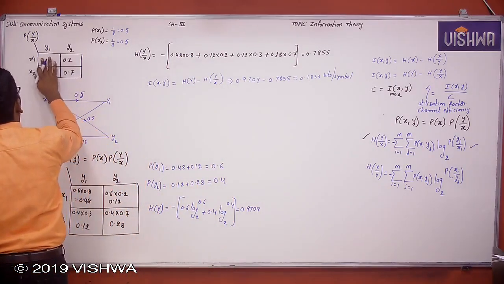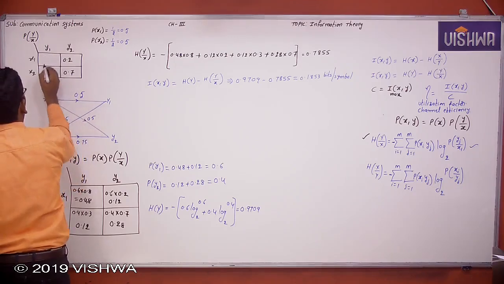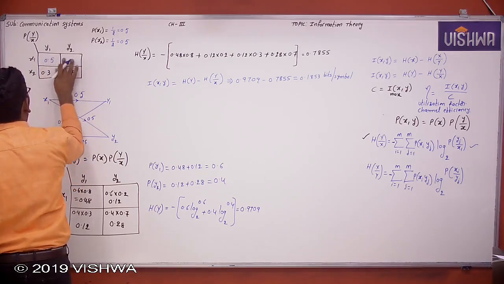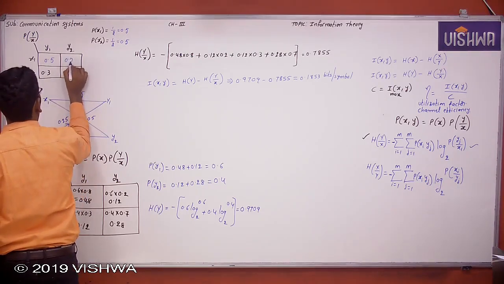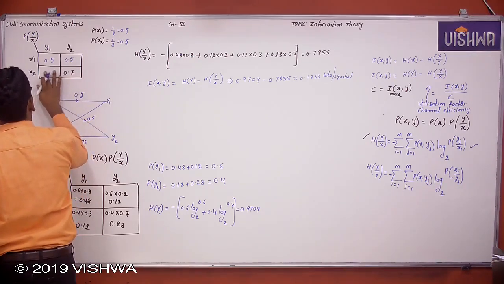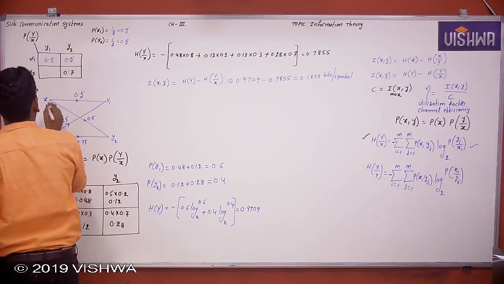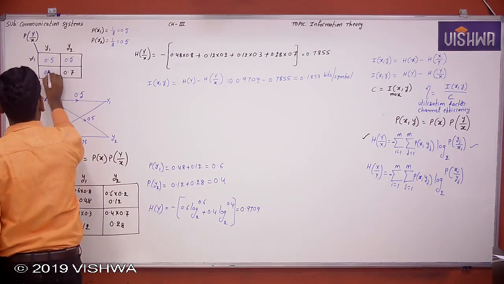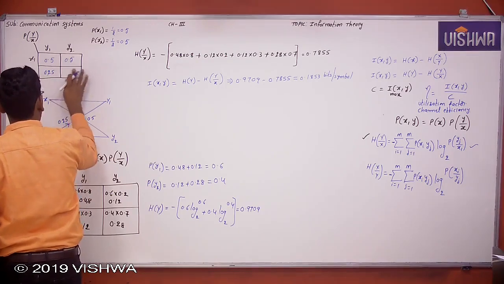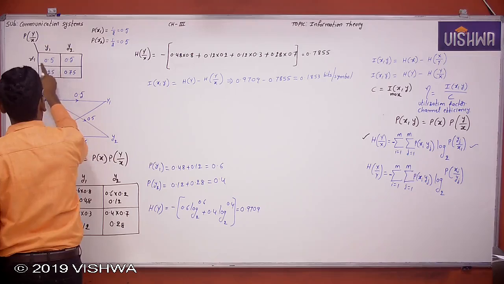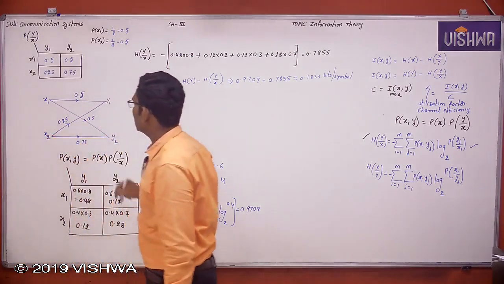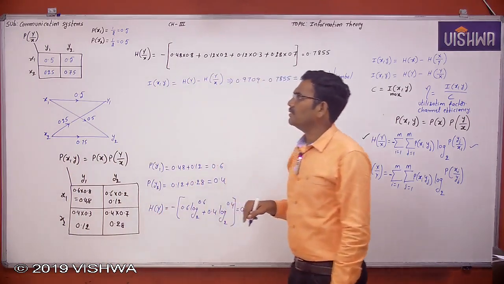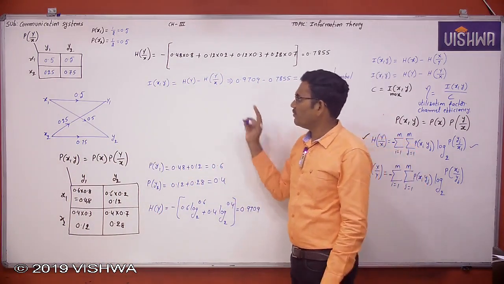Therefore Y1 by X1 is 0.5, Y2 by X1 is 0.5, Y1 by X2 is 0.25, Y2 by X2 is 0.75. When row addition is possible, that is P of Y by X. Now he is asking for the mutual information.